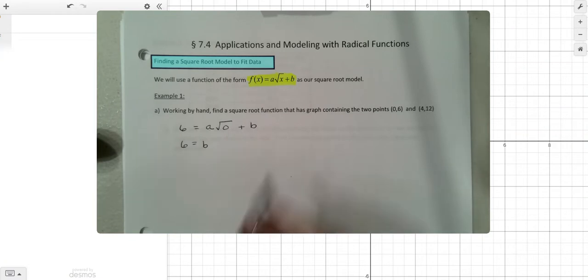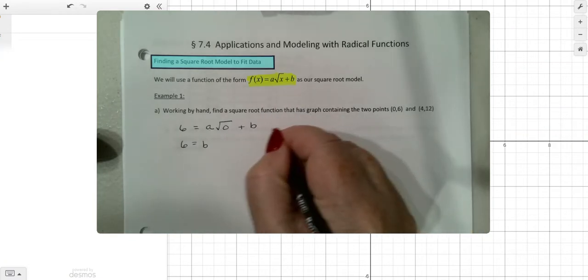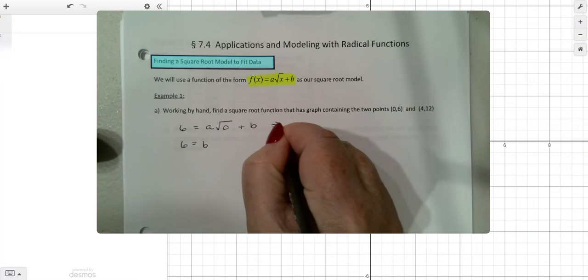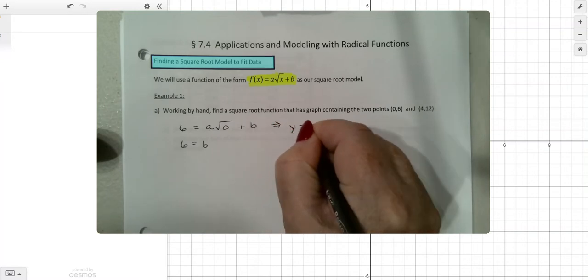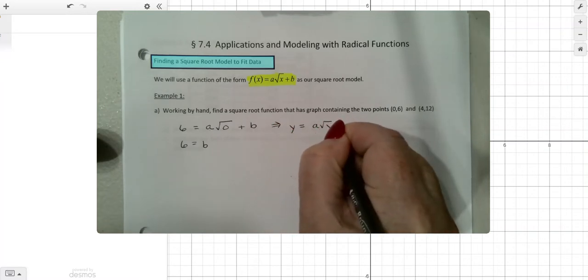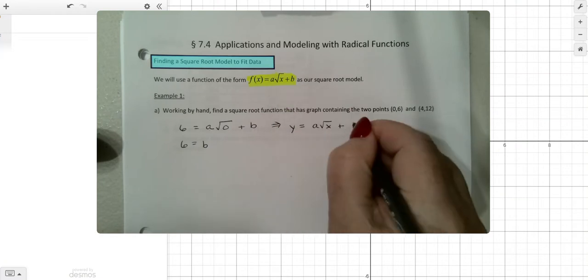So I now have f of x or y equals a square root of x, plus 6, since I now know that b is 6.